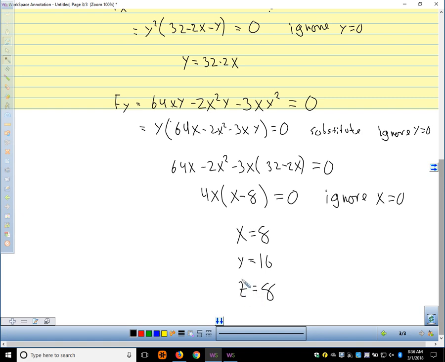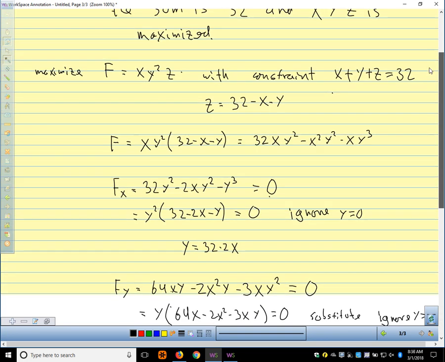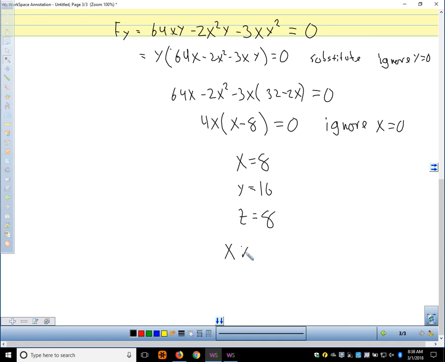And our product, x y squared z, is 8 times 16 squared times 8, which is a pretty big number.